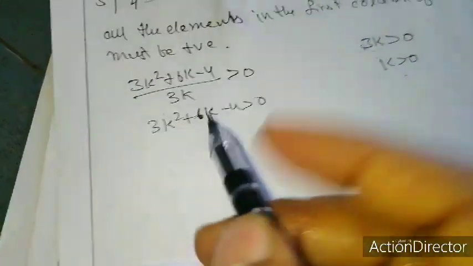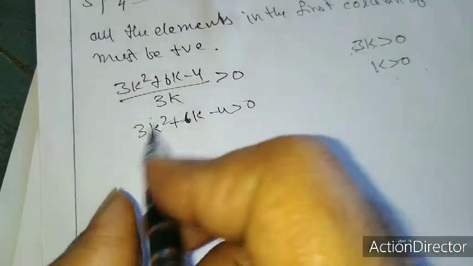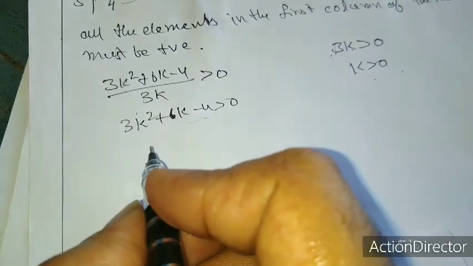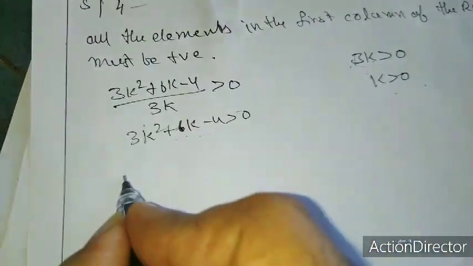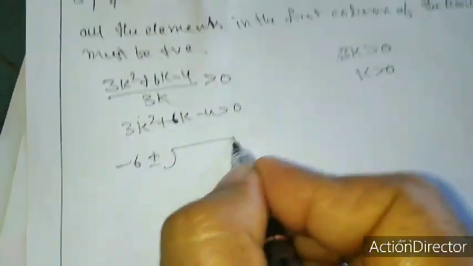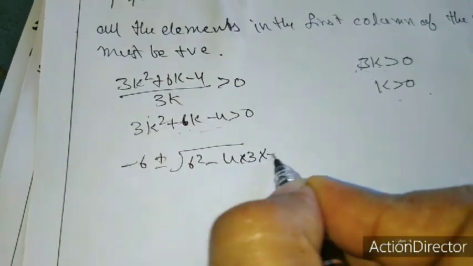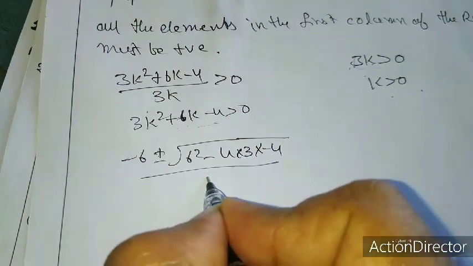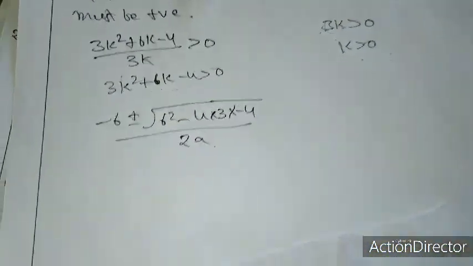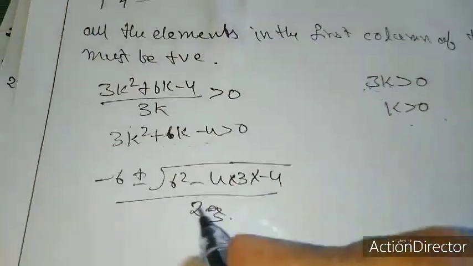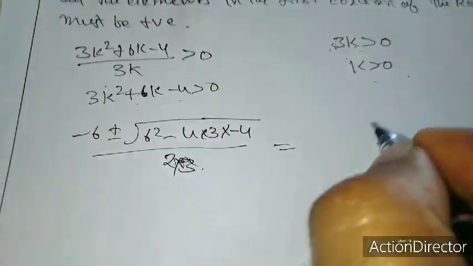If I take the factors for this, I'll apply the quadratic formula, minus b plus or minus the square root of b square minus 4ac, divided by 2a. So b is 6, and 2a is 3. If I simplify, I will get two factors.